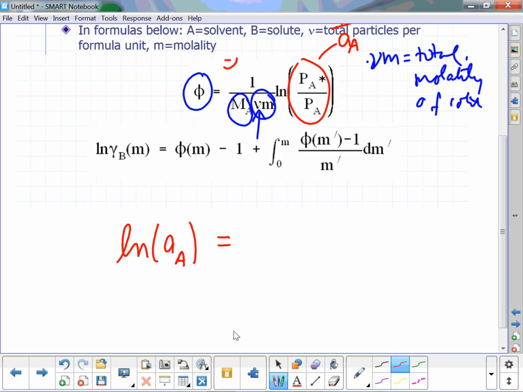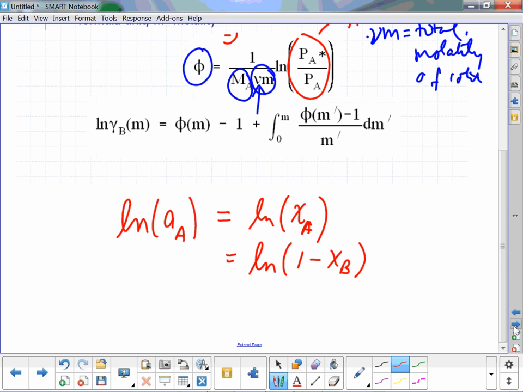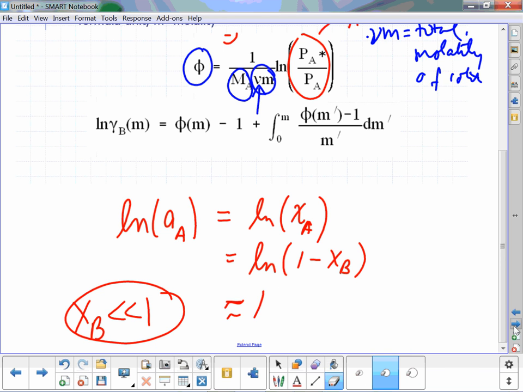Now, in a very, very dilute solution, almost pure A, then the activity of A, if you recall, using Raoult's law, is just the mole fraction of A, right? And the mole fraction of A is just 1 minus the mole fraction of the solute particle, so 1 minus xB. Now, if xB is very, very small, then ln of 1 minus xB is approximately equal to negative xB.